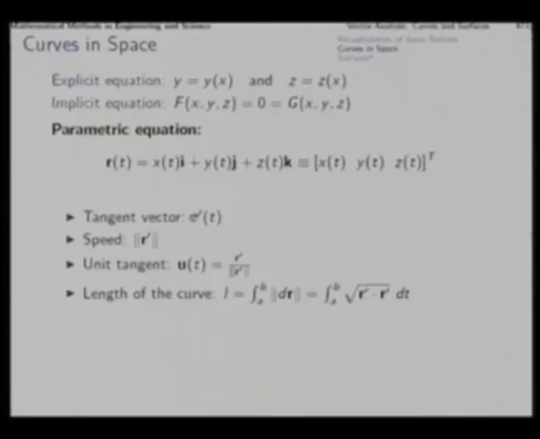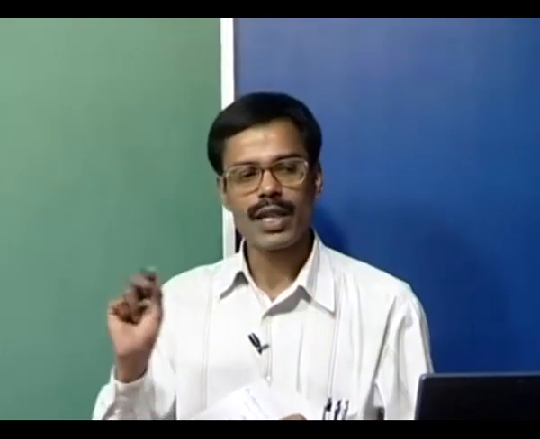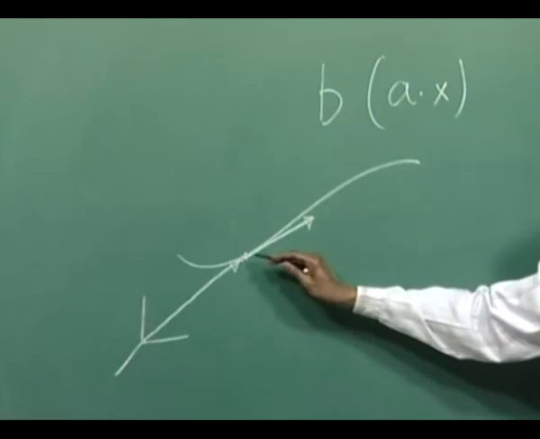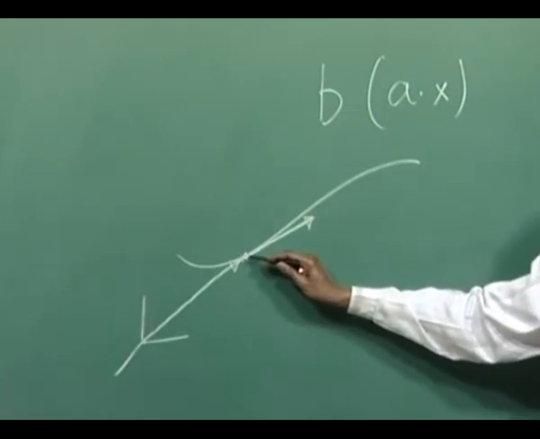Now, if you take the modulus, the magnitude of this vector, then what you get is called the speed of the curve. Speed in what sense? As if the parameter t is time. Then you will find that r prime gives you the velocity of a particle moving along this curve with time t as the parameter.